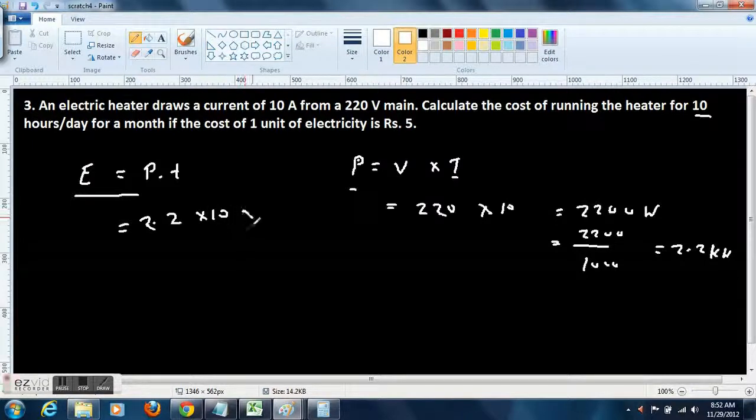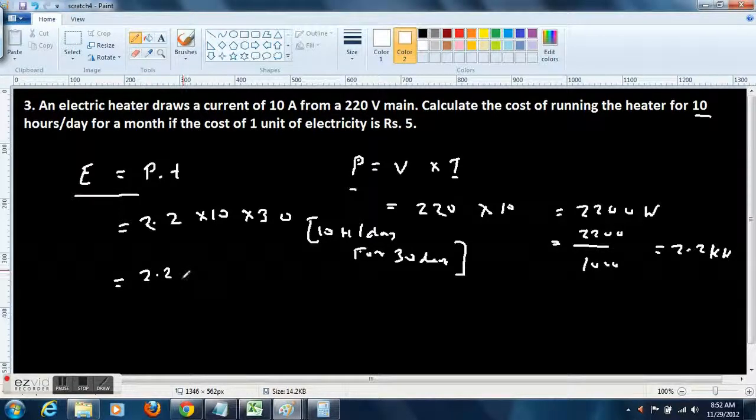Time is 10 hours per day, and for 1 month that is multiplied by 30, so 10 hours per day for 30 days. We can calculate the total energy consumption using the power in kilowatt multiplied by total time in hours, which comes to 2.2 multiplied by 300, which is equal to 660 kilowatt hour.